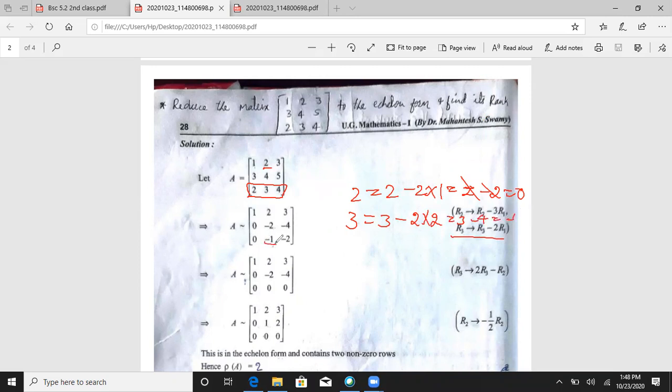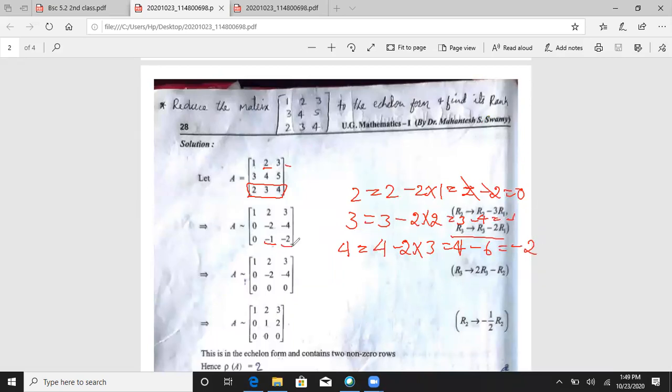See here, I write here minus 1. Next the fourth one, the last element, 4 equals 4 minus 2 into 3, that is 4 minus 6, that is minus 2. You write here minus 2.